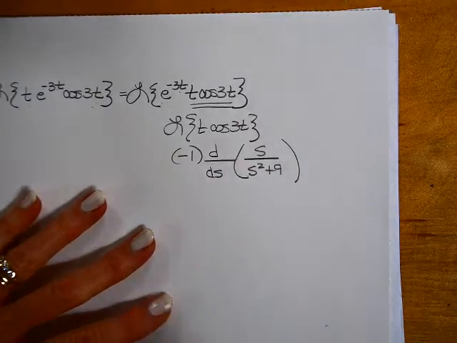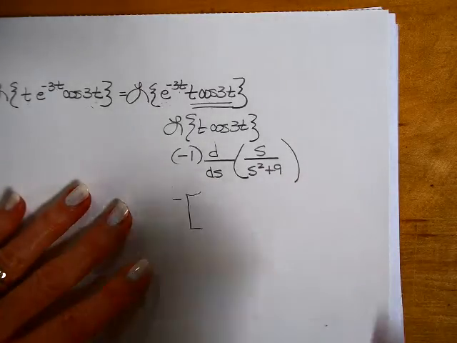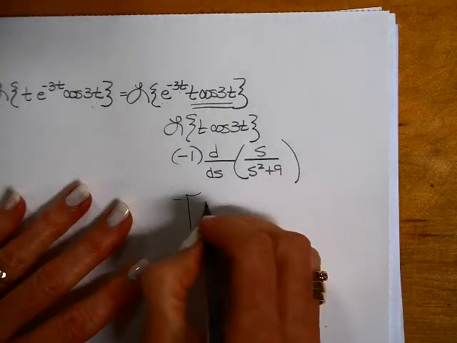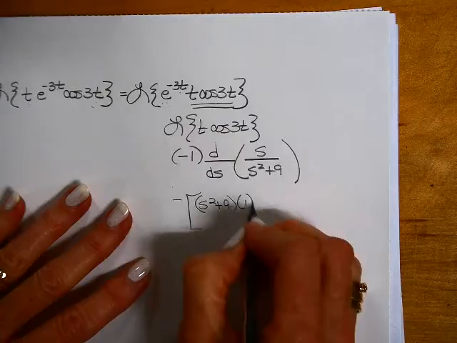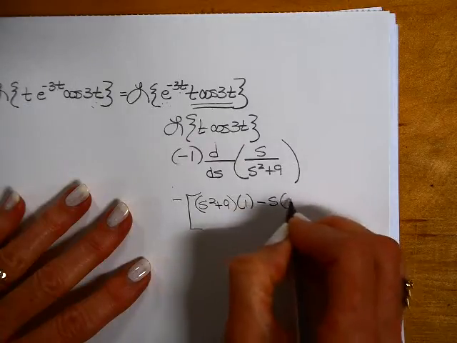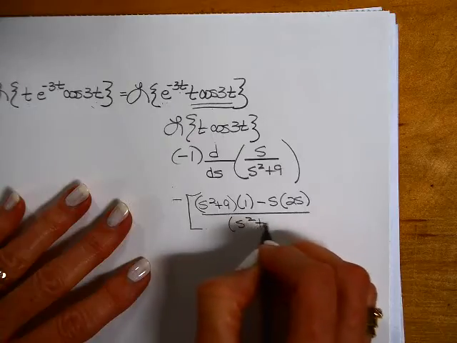The derivative of s over s squared plus 9, so that's negative. The derivative of this is bottom times the derivative of the top minus the top times the derivative of the bottom, over the denominator squared.